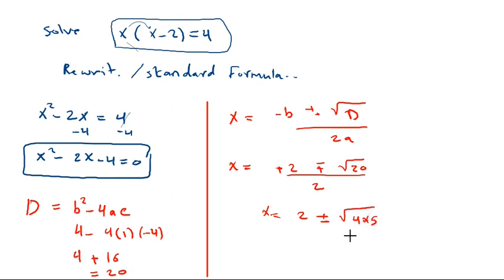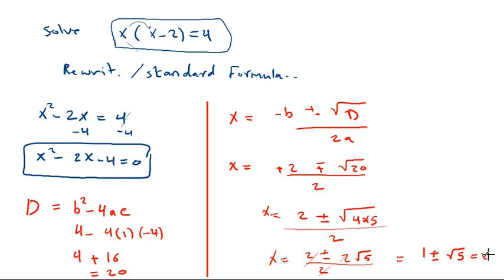The square root of 4 is 2, so we can take 2 out. So x equals 2 plus or minus 2 square root of 5, over 2. So we have 2 taken out from all these terms, and I have 1 plus or minus the square root of 5.